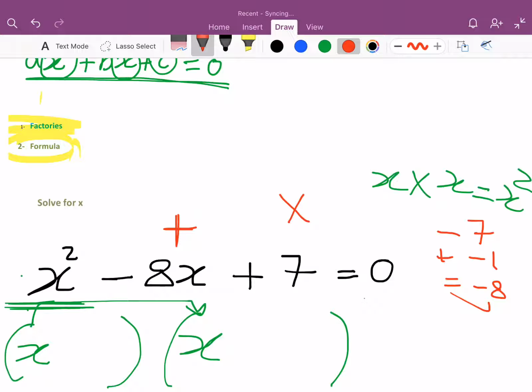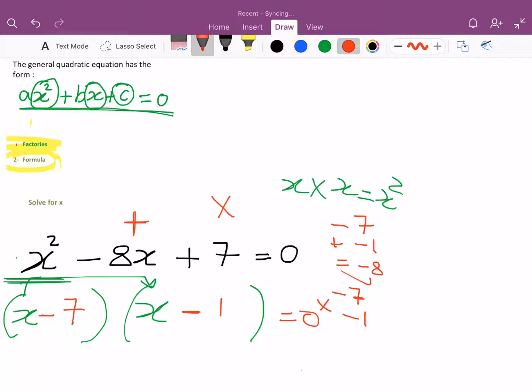And -7 times -1, the same two numbers, when I multiply them gives me +7. So I will write here -7, then here -1, and I will set them equal to 0.